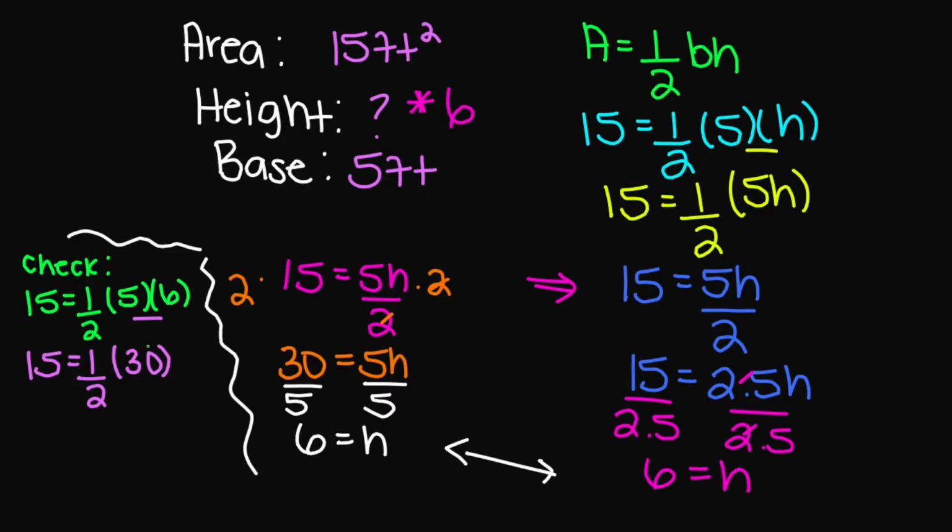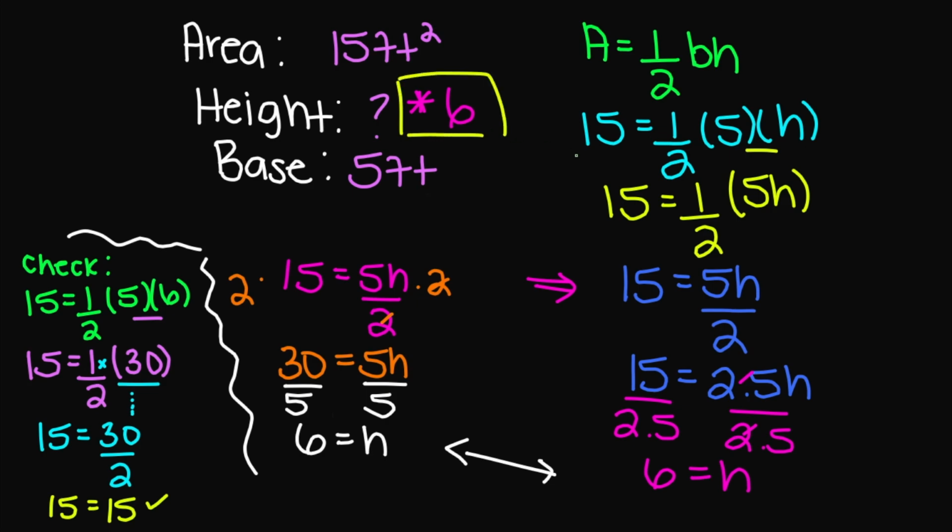Then we're going to multiply 30 times 1 in our numerator, we're going to get 30, and then 2 times 1 here is going to be 2. So we have 15, our numerator is 30, and then divided by 2, and you're going to get 15 here. And when you divide 30 by 2, you are also going to get 15. So 15 equals 15, which also indicates that our correct answer here, our height, is 6.